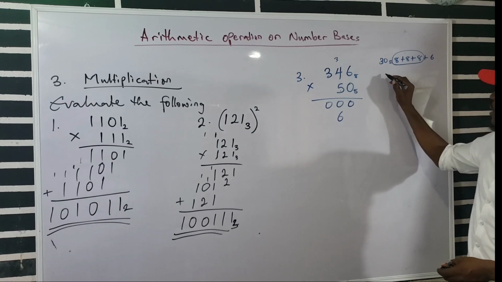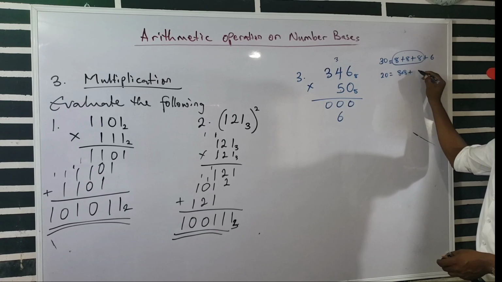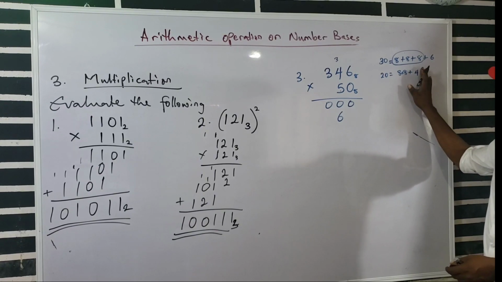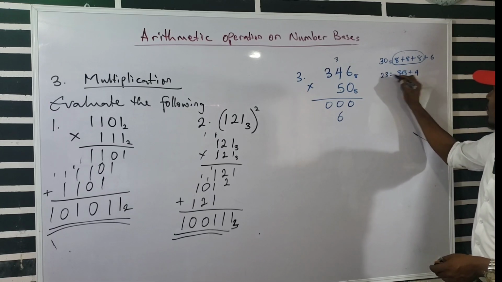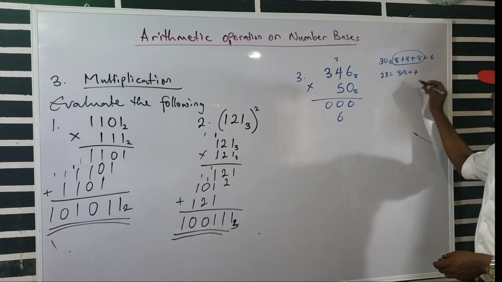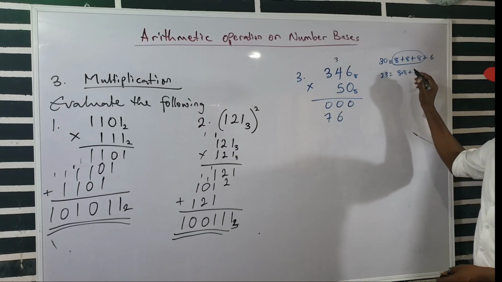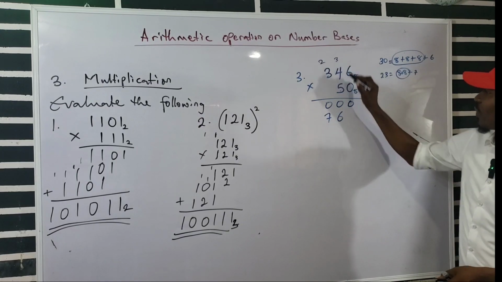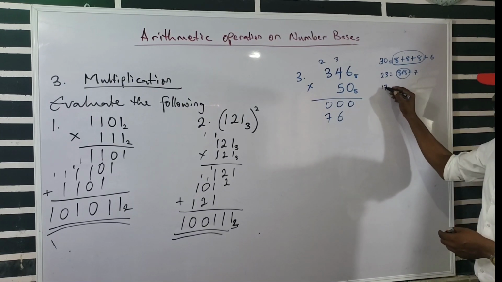So 5 times 4, that will give you 20. How many 8? 2 eights plus 4. Oh, we are yet to add this. So 23. So plus 7. So you write your 7 and take your 2. 5 times 3, that will give you 15. 15 plus 2, that will give you 17.